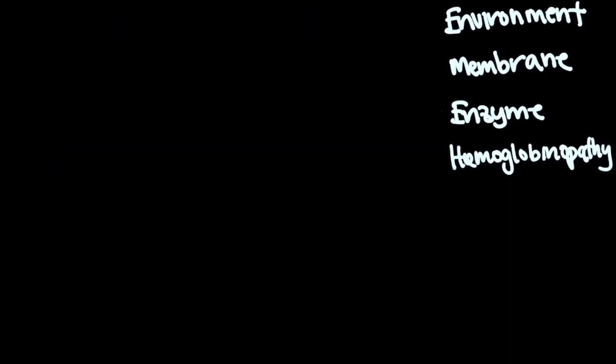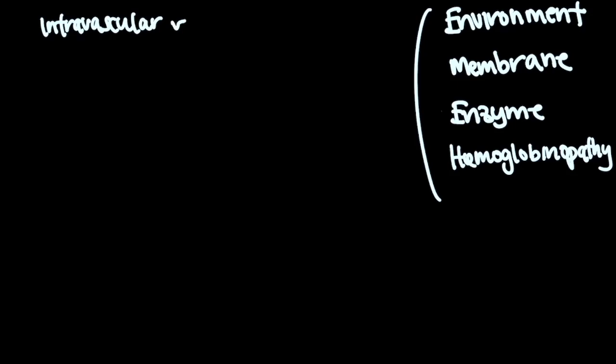So before going over each of these causes that I'm going to summarize, I just wanted to let you know that this is a very broad overview of hemolytic anemias. Technically, if you were to try to go through them systematically, you'd find that people sometimes categorize these as intravascular versus extravascular hemolysis, as well as, for example, the hemoglobinopathies.